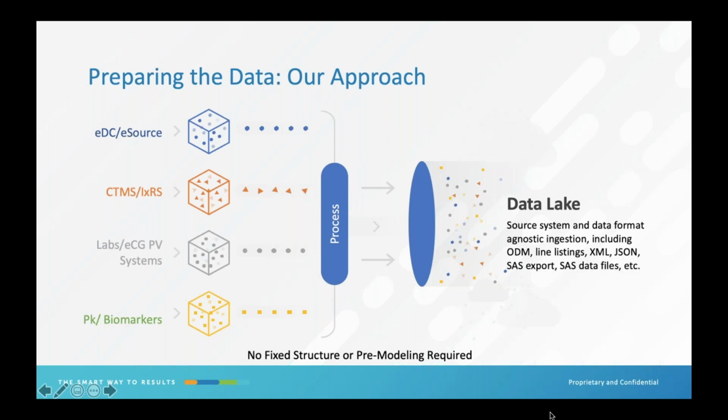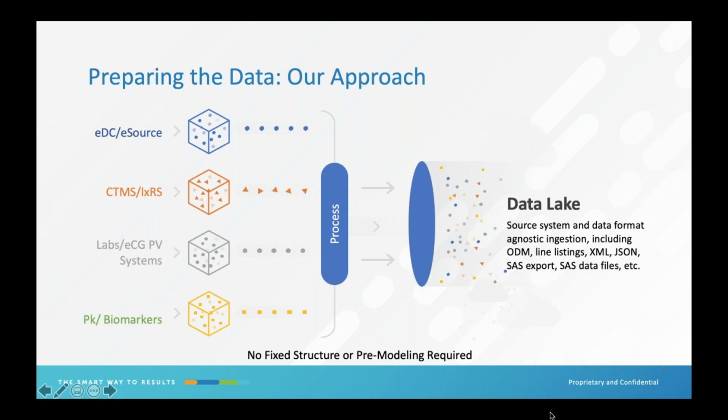So what we have done is we took a different architectural approach to ingest this data because of the inherent challenges with the data warehouse. We are using a data lake architecture wherein the schema for the incoming source data is not required to be defined upfront.